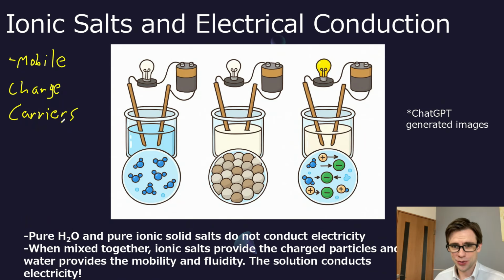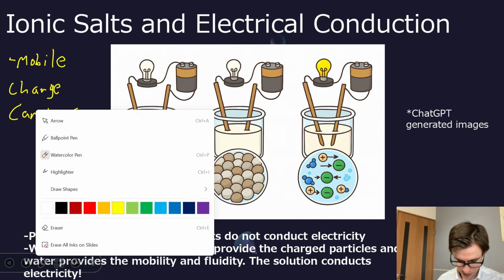But the point is they're free to move. So when mixed together, ionic salts provide the charged particles, water provides the mobility and fluidity. The solution now conducts electricity, and even a little bit of salt can make an aqueous solution a good conductor. All right.